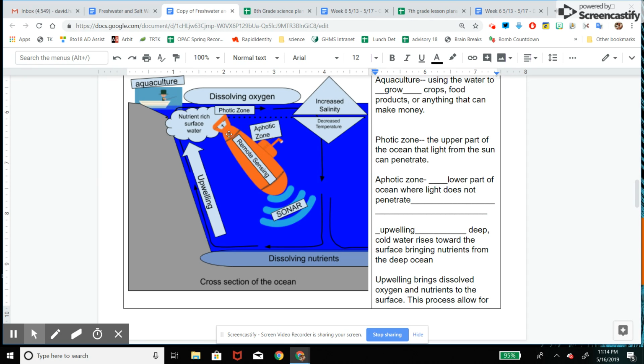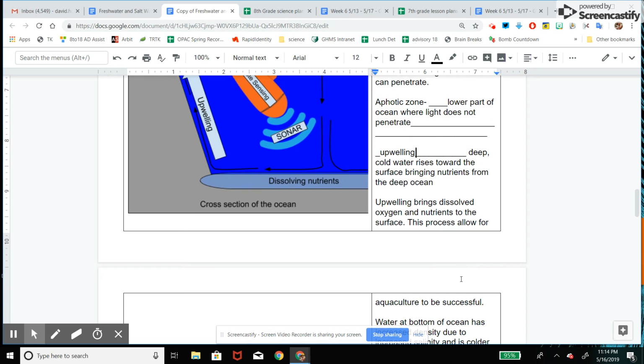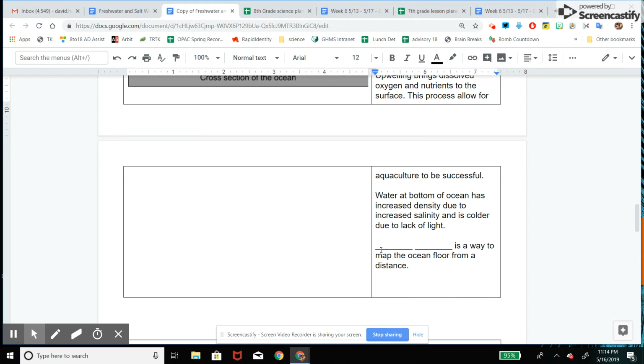But we're able to use remote sensing, the sonar, LiDAR, radar, whatever it is, satellites, to figure out what the bottom of the ocean looks like and how deep it is and everything else. So that's called remote sensing.